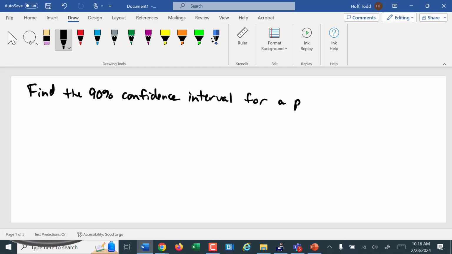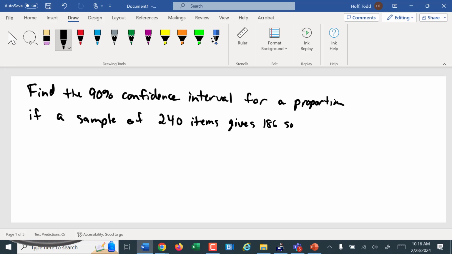I'll just say for a proportion. If a sample of 240 items gives 186 successes.